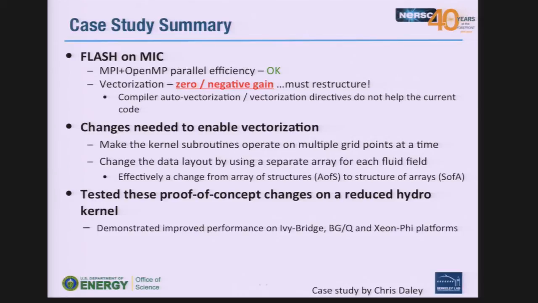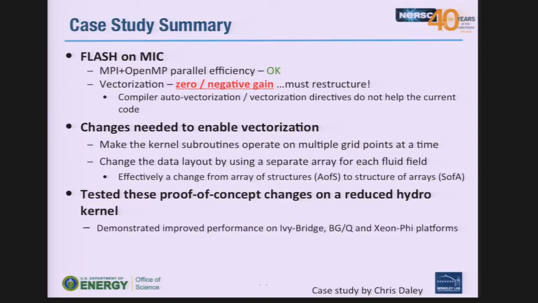What Chris did is he showed this big improvement. I think the story that's not there is Flash is a massive code, and he just changed the data structure in this one kernel. But if you had to change that for the entire code, that's a lot of work. And so we're very aware of that, not trying to undersell how challenging this will be.